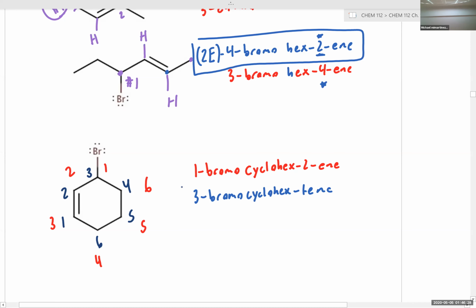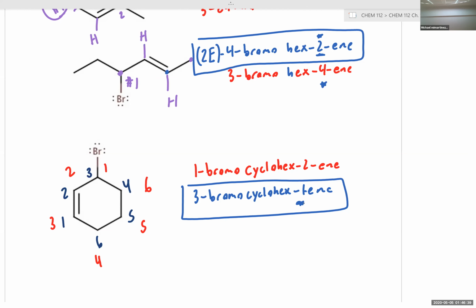The method in blue is overwhelmingly preferred because you want your alkene to have the smaller locant number. Now, the beautiful thing about dealing with cyclohexane rings is that there is no trans small rings.